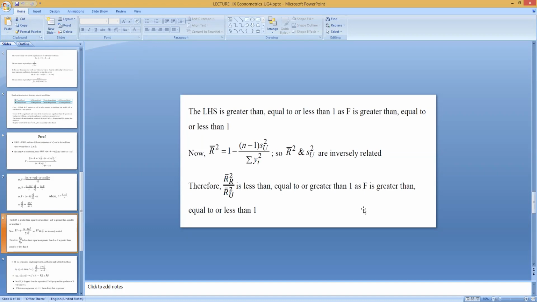The suggestion will be to continue with the income of the consumer, because this model is more informative. Though R bar square is identical, for other purposes like inference, this model is better. So continue with more explanatory variables.